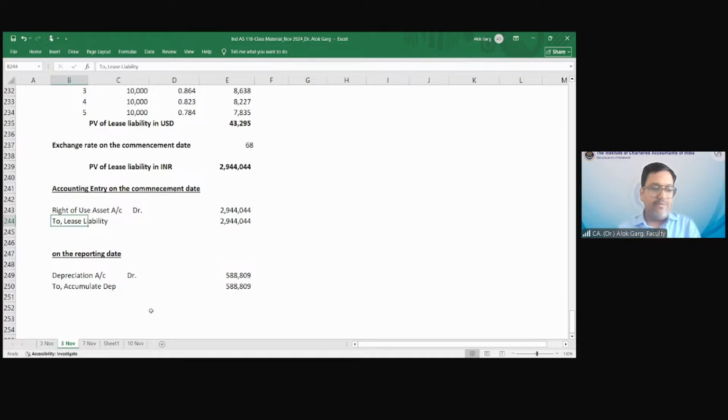This right of use asset is a monetary asset or non-monetary asset? Non-monetary asset, sir. And this lease liability is a monetary liability or non-monetary liability?